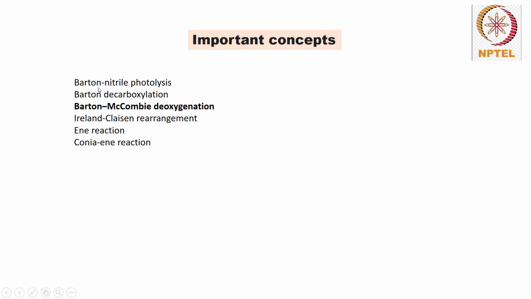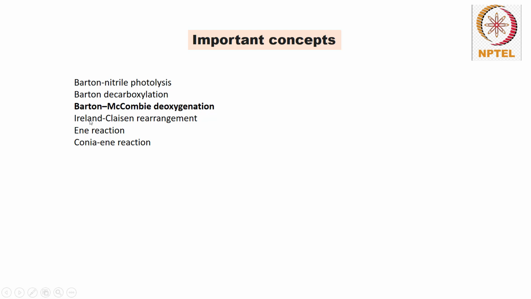One is Barton nitrite photolysis, Barton decarboxylation, and another is Barton-McCombie deoxygenation. Why am I mentioning all three in the same class? So that you don't have any confusion about which reaction to perform, because as the same scientist's name is used for these three reactions, we get confused and end up choosing the wrong answer.